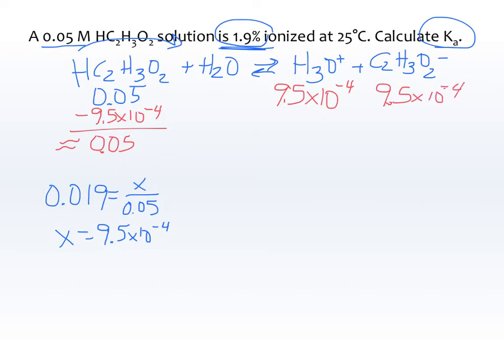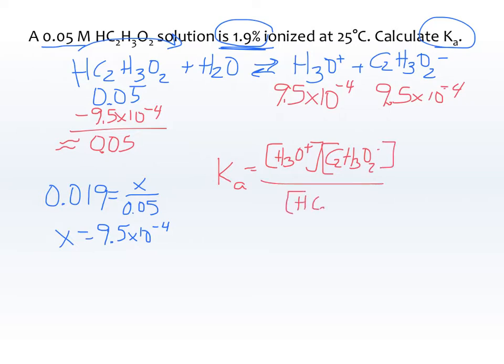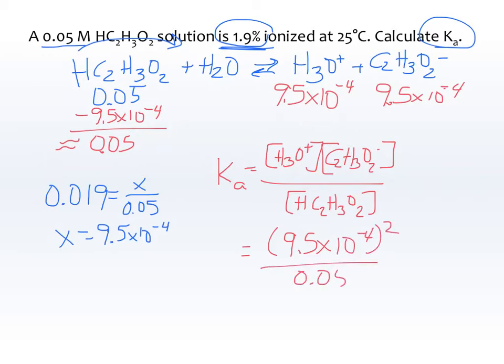So now if I'm going to find Ka, A because it's an acid, H3O plus times C2H3O2 minus over HC2H3O2, plug in what I know, and that's 9.5 times 10 to the negative 4 squared over 0.05.